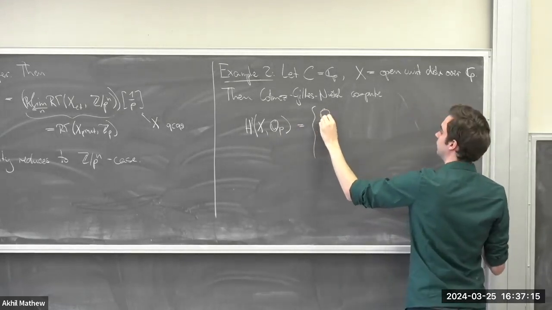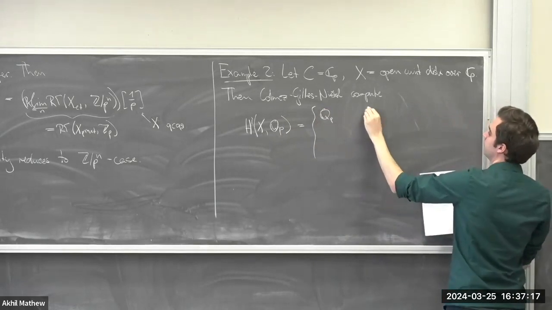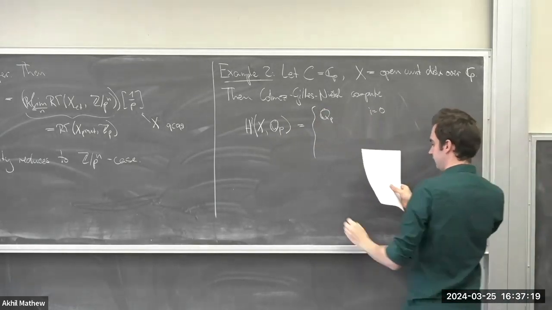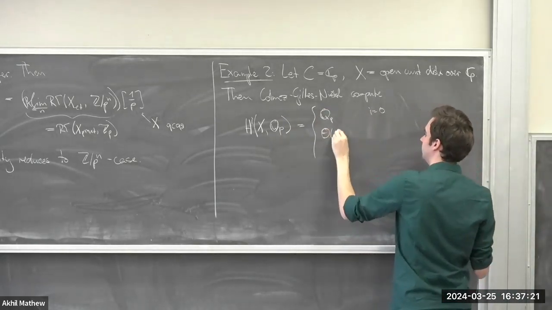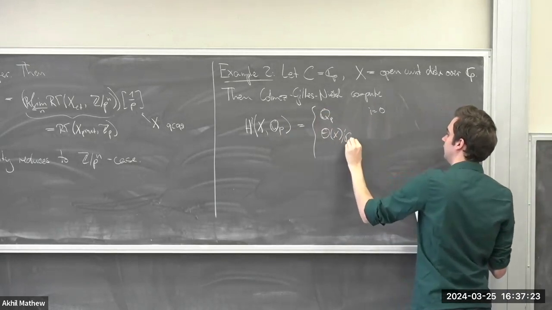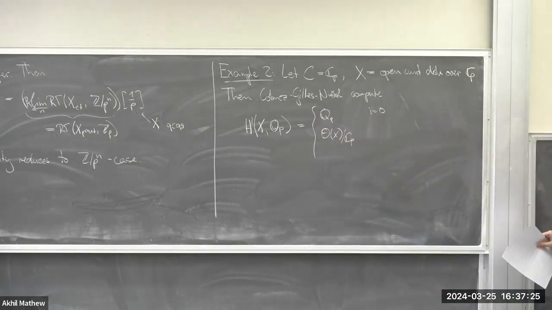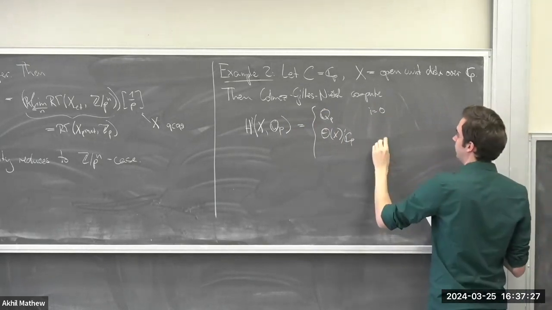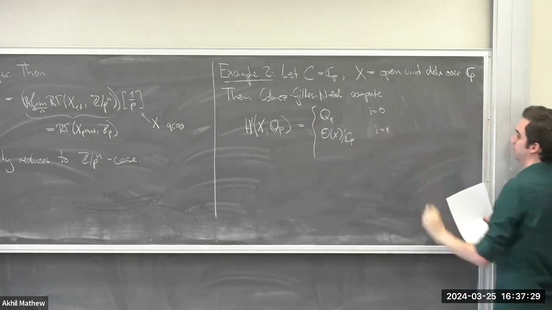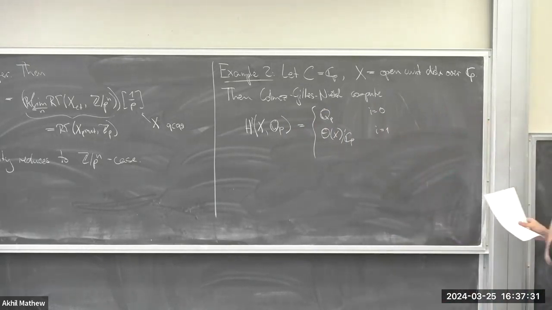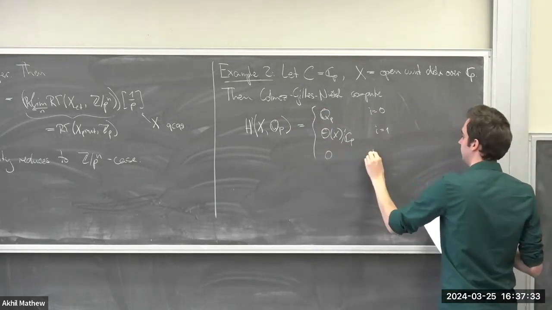Degree 0 is just Q_p. I guess that's not surprising. And in degree 1, it is the functions on X modulo C_p. And then it's 0 afterwards.